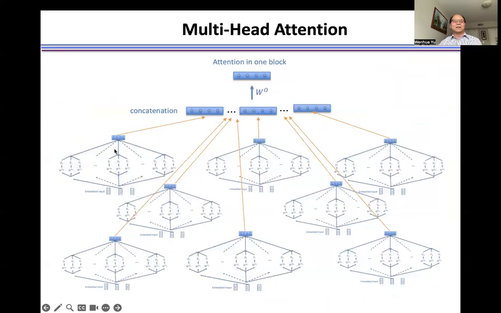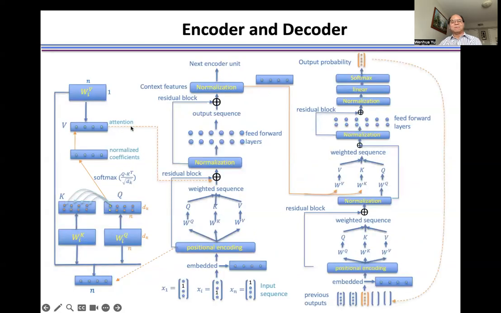That means we define multiple self-attention modules, and then we concatenate them together, and then we use a learned matrix O. We generate the final attention for this block, and then we send this attention back to the encoder unit and to the decoder unit, and then the transformer maps the input sequence to the output sequence.